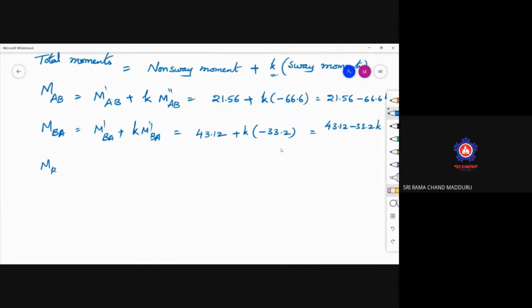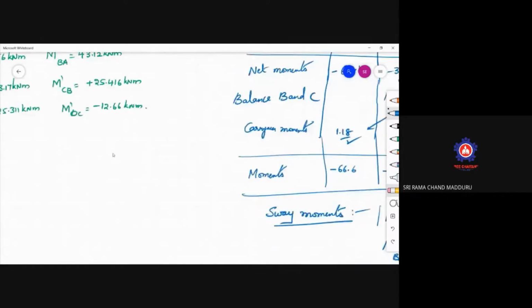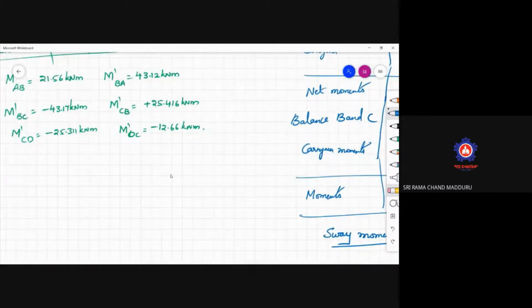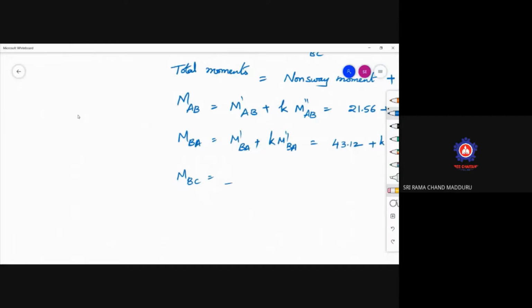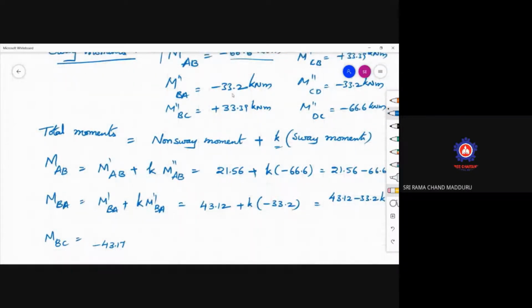MBC is nothing but, directly writing down, MBC is M dash BC minus 43.17, plus M double dash BC, which is 33.39 into K. So this is equation number 3.